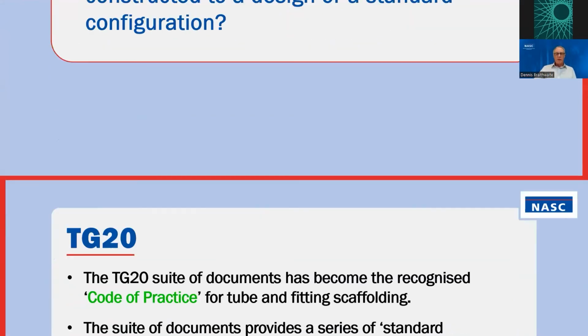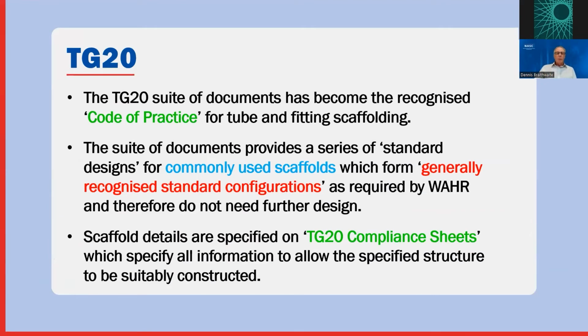What's a standard configuration? Well, we produce a document, or a suite of documents actually, that's called TG20. And this has become recognised as the code of practice for tube and fitting scaffolding. The suite of documents provides a series of standard designs for commonly used scaffolds.